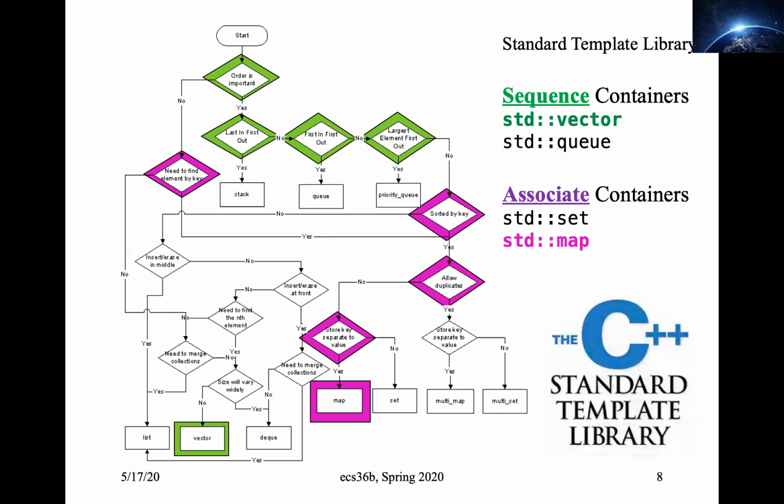If you remember, when we declare a vector, we just need to provide the data type for the elements in the vector. But in map, we need two things. One is we still need the data type of the object being stored in the map.